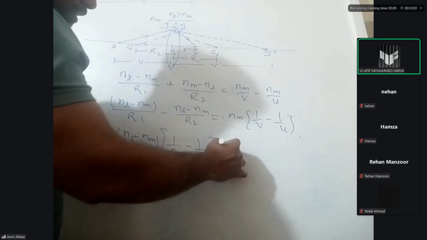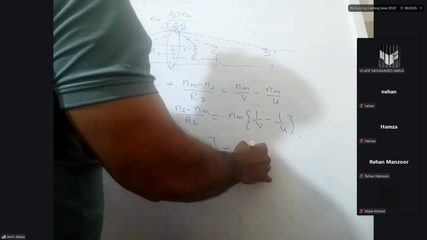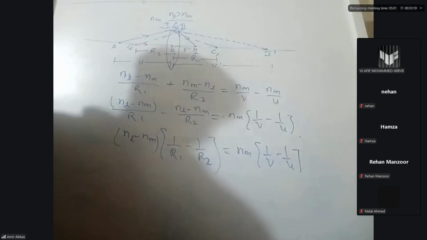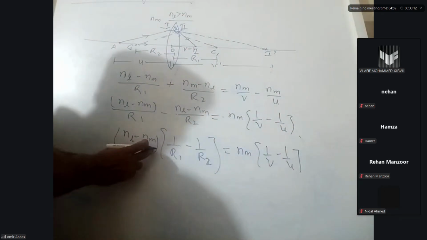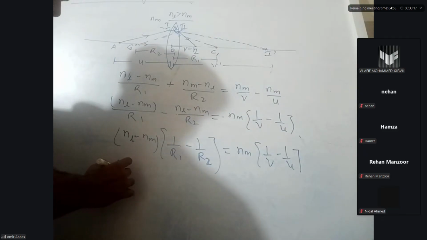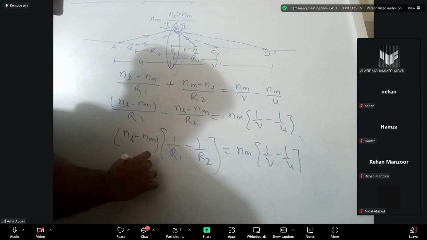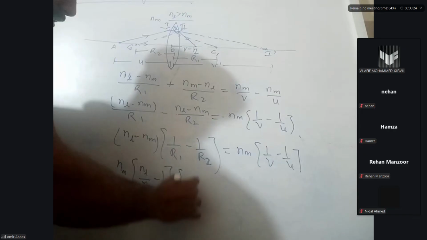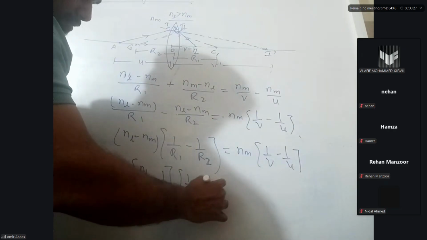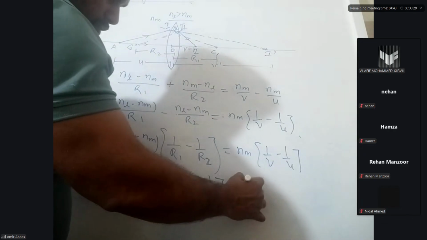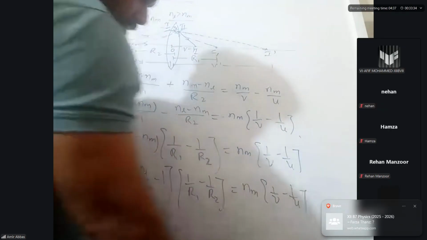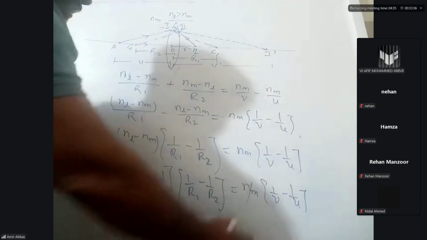R2 is equal to NM 1 by V minus 1 by U. Now, if we take NM common from here, it will become NM, NL minus NM, minus 1 by R1 minus 1 by R2 equals to NM 1 by V minus 1 by U. Can we write this? NM, NM get cancelled.